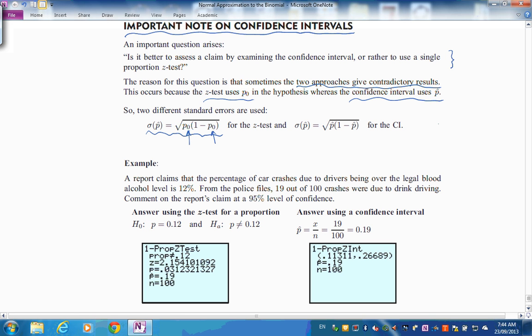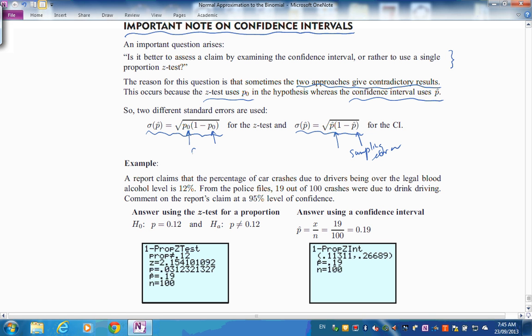Therefore, if you have a null hypothesis, you put that proposal in for the P naught and get a sigma. Now if you have a P hat, to get the sigma of that P hat distribution, you're going to need to put the P hat in there. So this is suffering sampling error. We don't know how much error there is there.